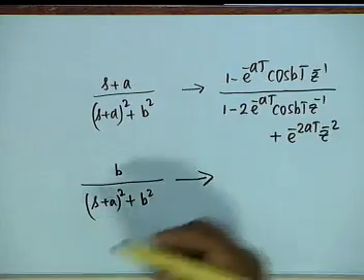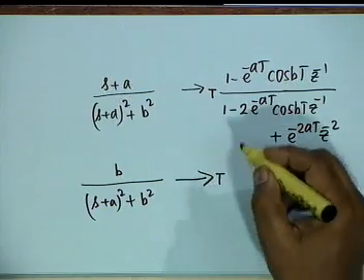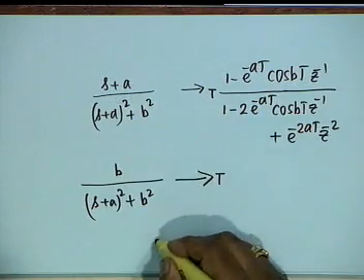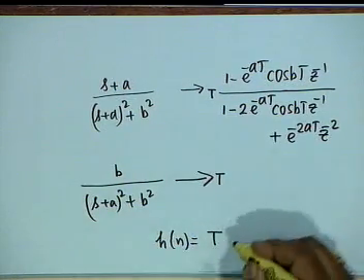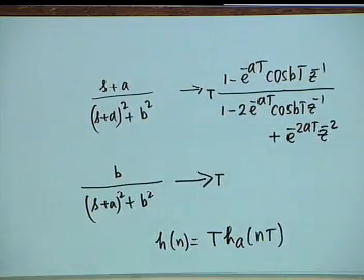Right hand side shall be multiplied by capital T. That is right. This comes because we take h of n as equal to capital T multiplied by h a of nT. Why this multiplication is needed? Otherwise, there is a problem of overflow.